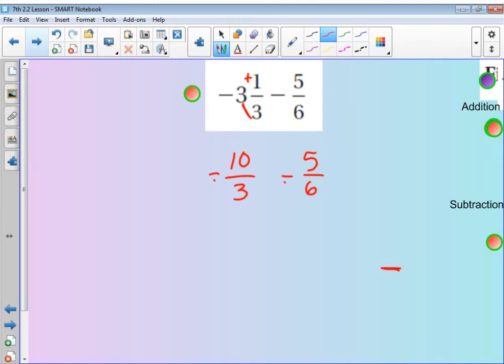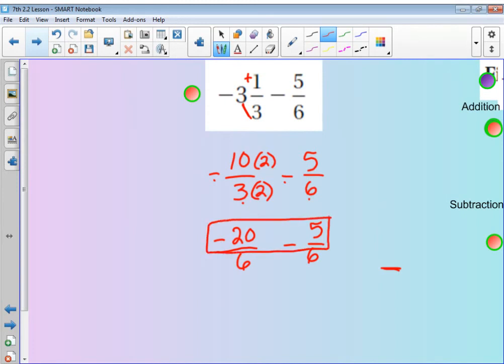Now, because I'm okay with common denominators, I'm looking at this and saying, will 3 go into 6? Yes, it'll go in there twice. Whatever I did to the bottom, I have to do to the top. So now I have -20/6 minus 5/6. That one's not going to change. I know the bottom number is going to be 6.